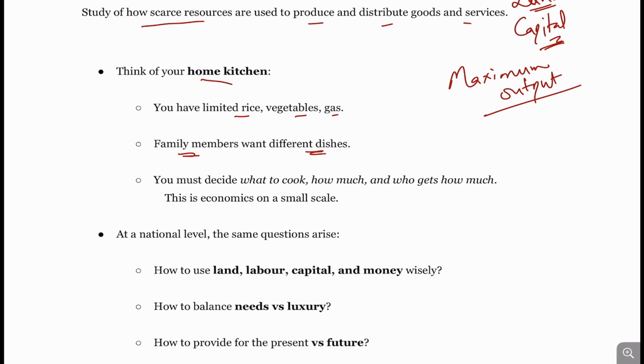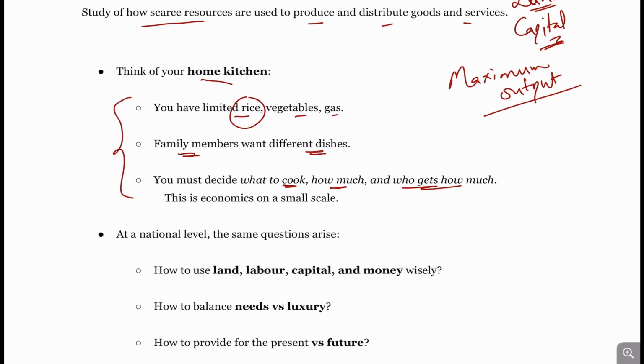Then you have to decide how much rice you have, which demand can be met and which cannot, and what to cook so that the demand of every member of the family is met. How much to cook, and who gets what and how much. That is what needs to be defined. So this is a smaller economic model.